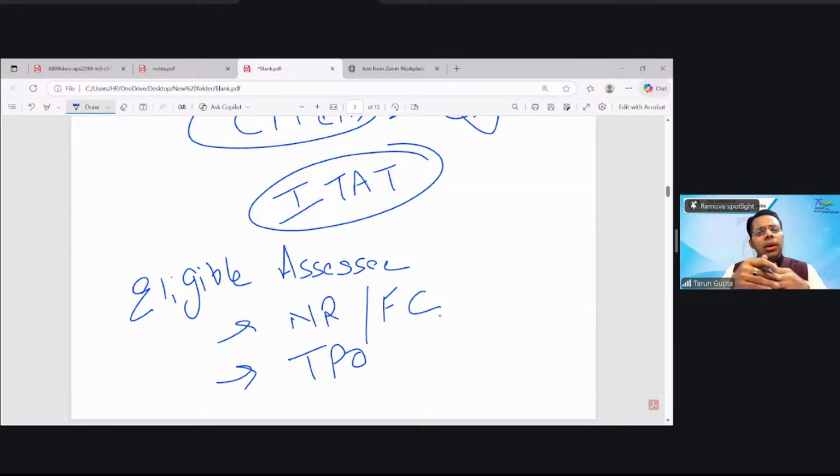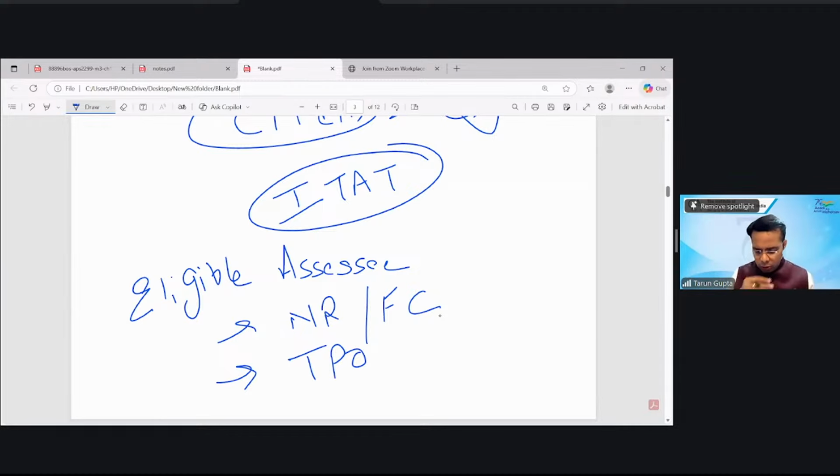If there is a transfer pricing transaction, then the AO may refer the case to a TPO to compute the arm's length price of such transaction. The TPO would pass an order determining the arm's length price of such transaction. And on such order, the assessing officer shall then pass the final assessment order, the complete assessment order, incorporating the TPO order.